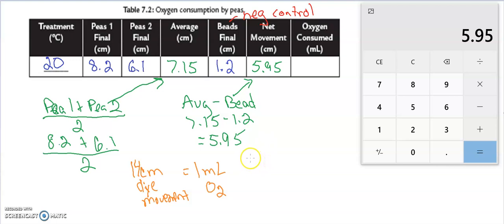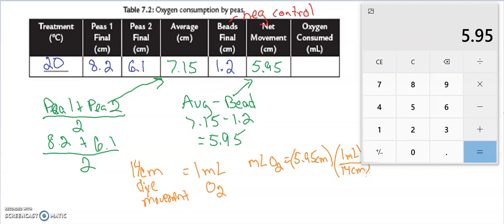So we're going to take our 5.95 and convert that into milliliters. So to find the calculation of milliliters, we are going to say milliliters of oxygen is equal to 5.95 centimeters times this conversion. So we will multiply this times 1 milliliter over 14 centimeters.